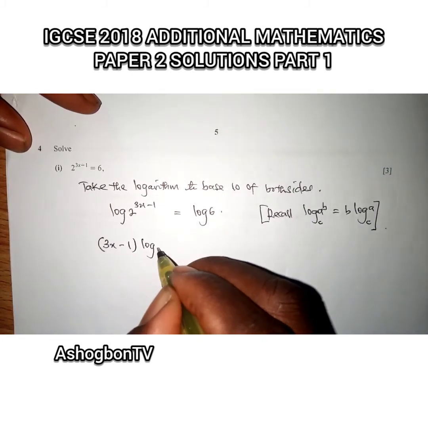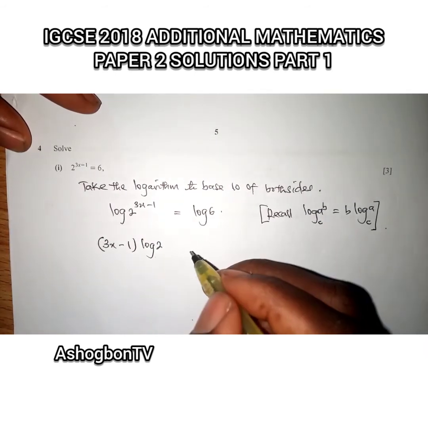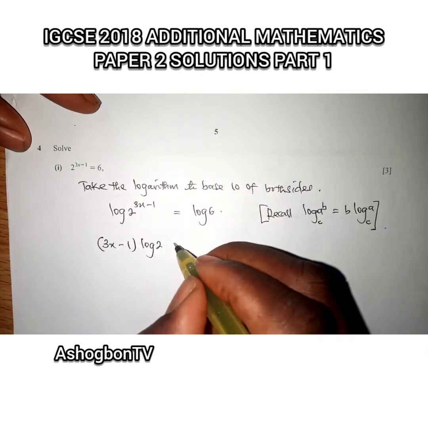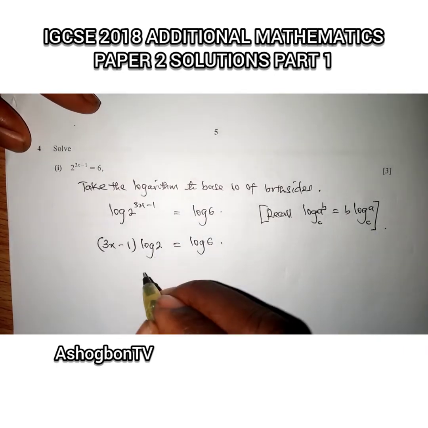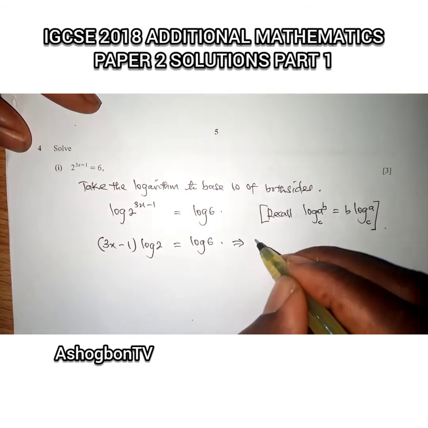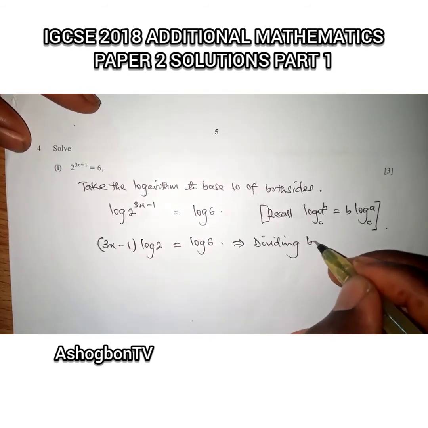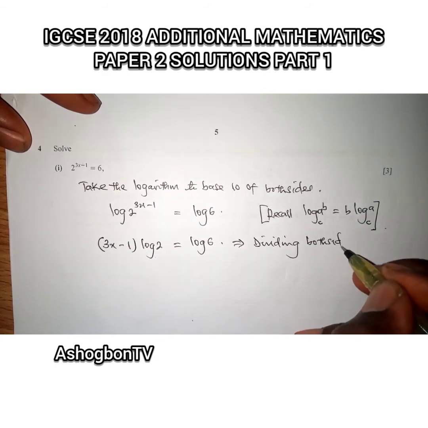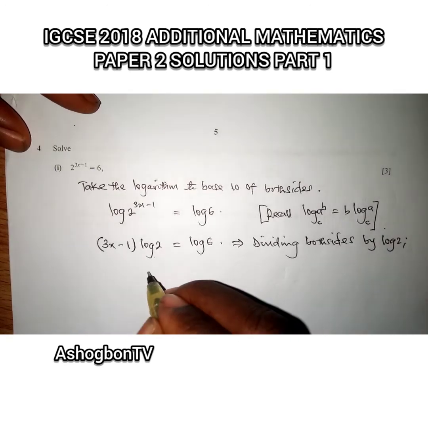Here you have log 2 base 10. Since it's in base 10, if you like you write it, if you like you leave it that way. It's still the same. So we divide both sides by log 2. So tell me what that will give.